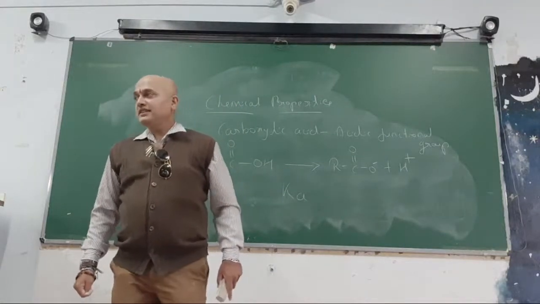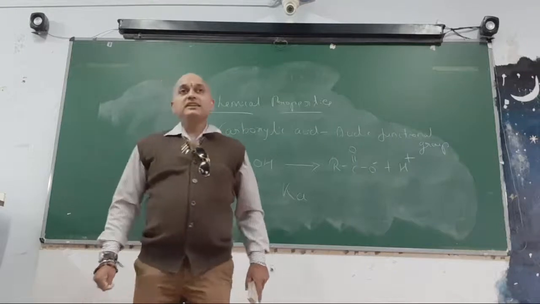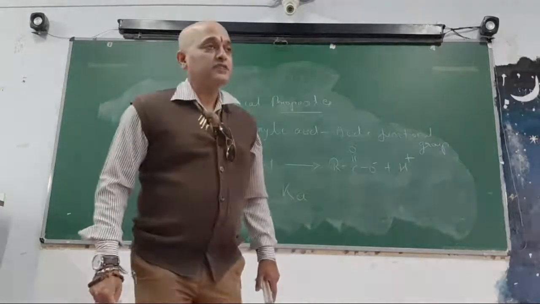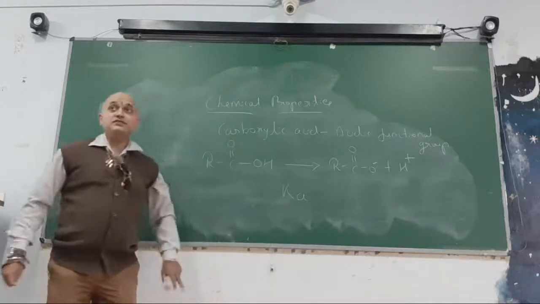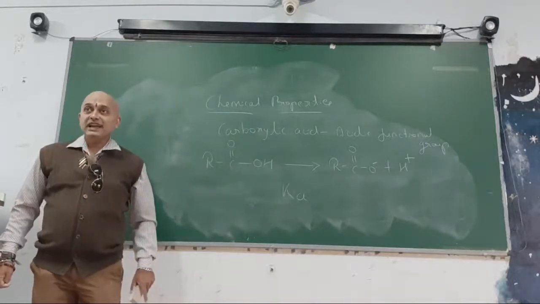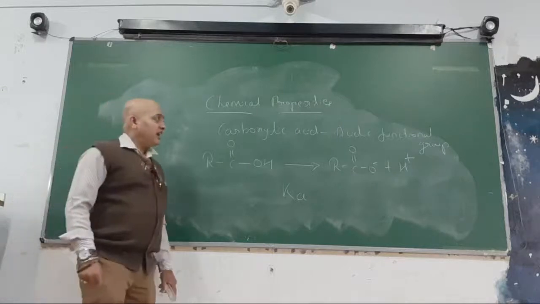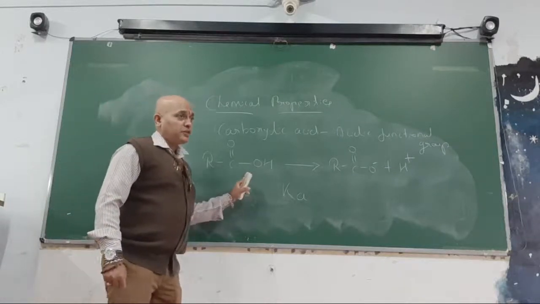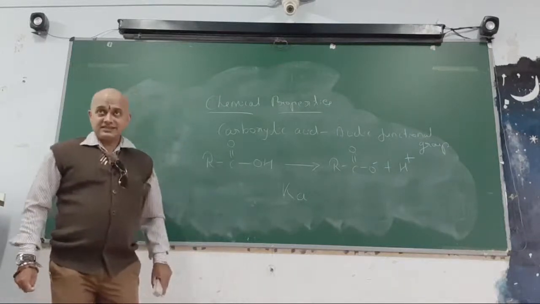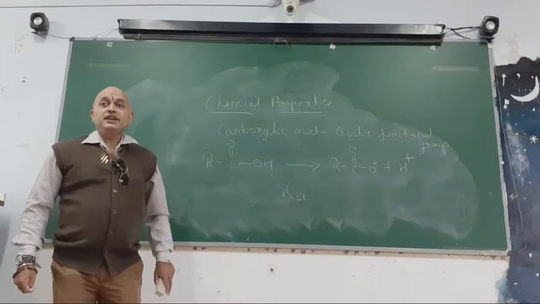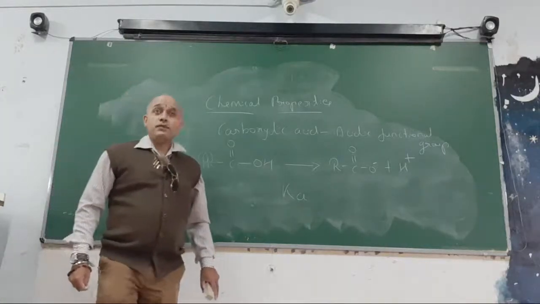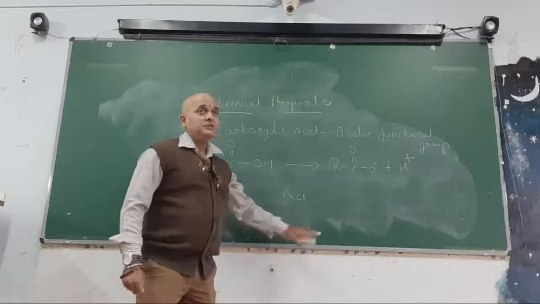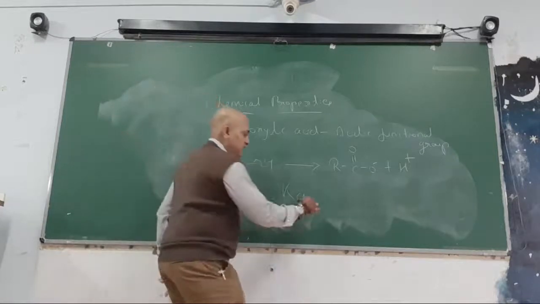Constant of dissociation for acid. Okay, so it is a dissociation constant for an acid. A stands for acid. Here I am talking about an acid, that is carboxylic acid. If I want to write it as Ka, how to write it? That is product concentration divided by reactant concentration.